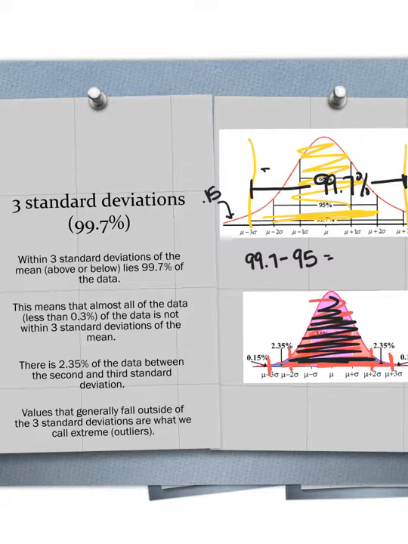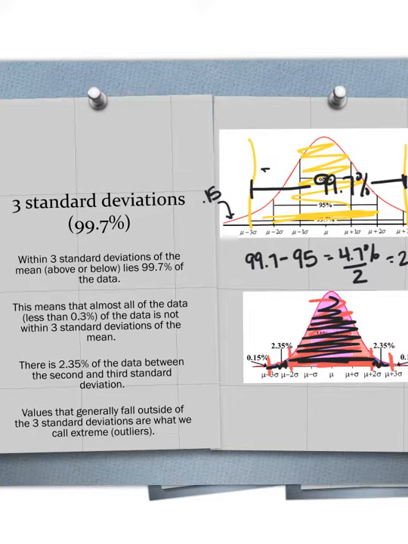That gives us 4.7%. And again, we have to divide this by 2 because it's sitting in both these tails, right here and here. If you do 4.7 divided by 2, you get 2.35, which is how they're getting that. And it's vital that you understand and remember these numbers, or at least know how to get them.